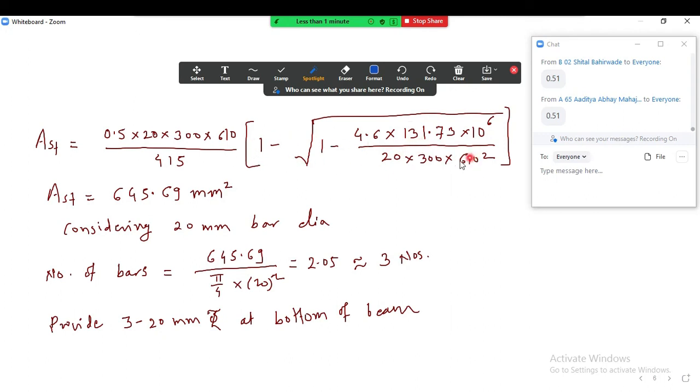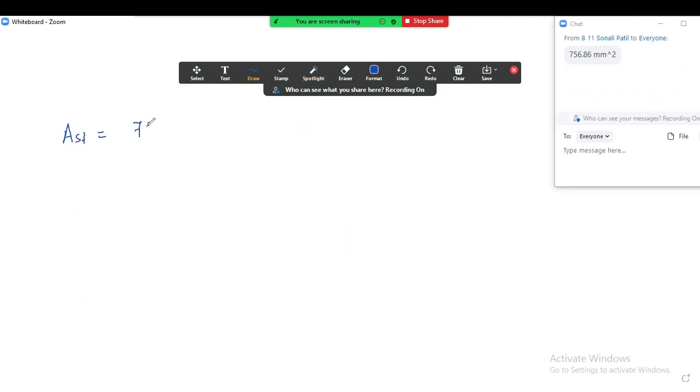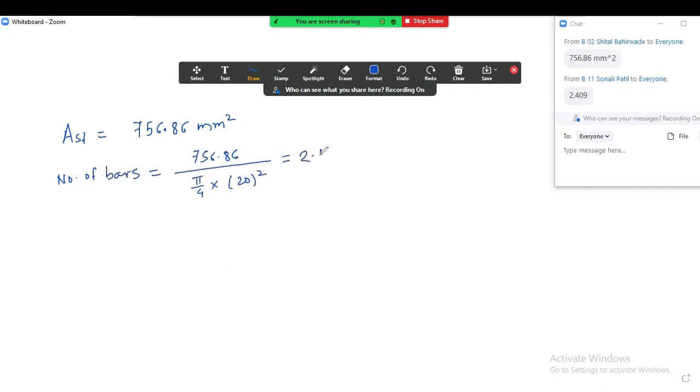Rest all the quantities will remain the same. So let me know the answer of this. It is 756.86 mm square. Okay. So again take the 20 mm bar diameter and calculate the number of bars. 2.4, which will be rounded up to 3 numbers again.